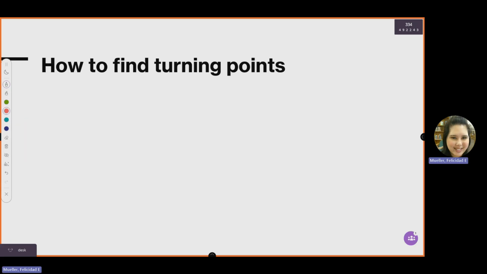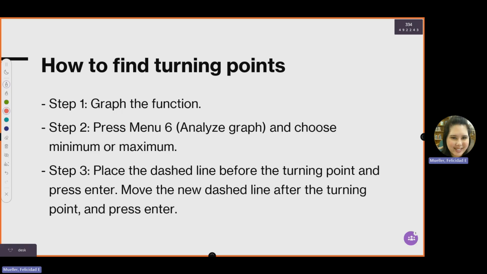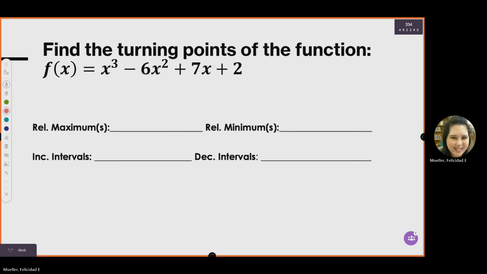So how do we find turning points? There are a couple of different ways. This set of directions is for if you were in the classroom using the TI-Nspire: you would graph the function, press menu 6, choose min or max, and place the dash line before and after. But again, that is more for if you are using the school calculator.